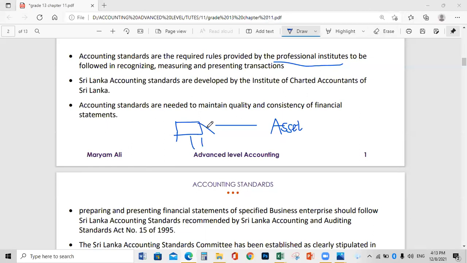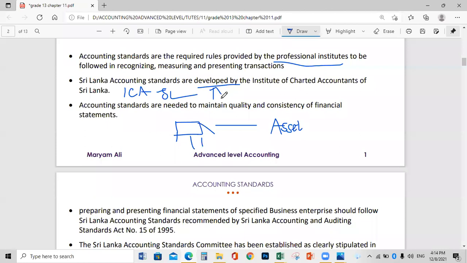If you take Sri Lanka, accounting standards are developed by whom? They are developed by the Institute of Chartered Accountants of Sri Lanka. We say ICA Sri Lanka. Why do they use the word develop?